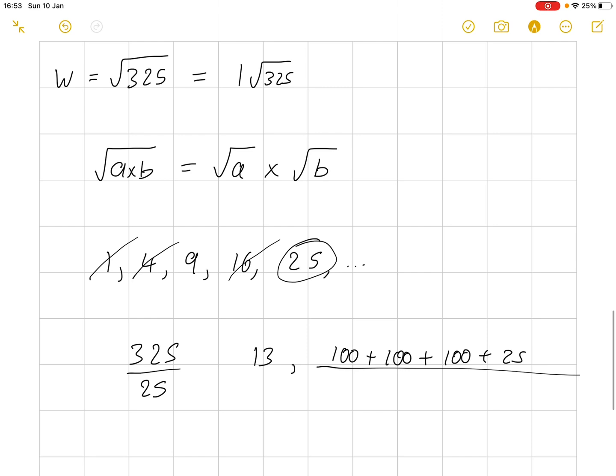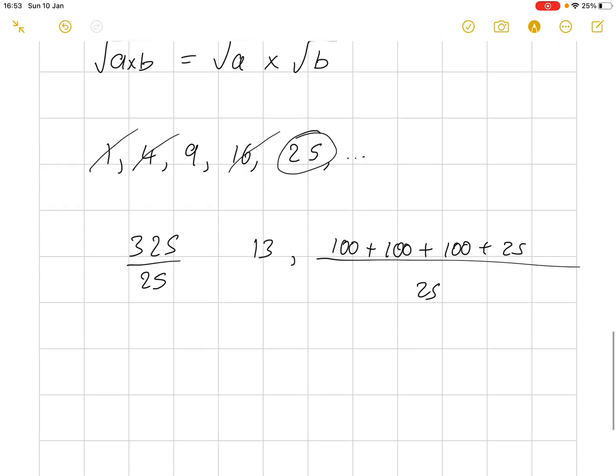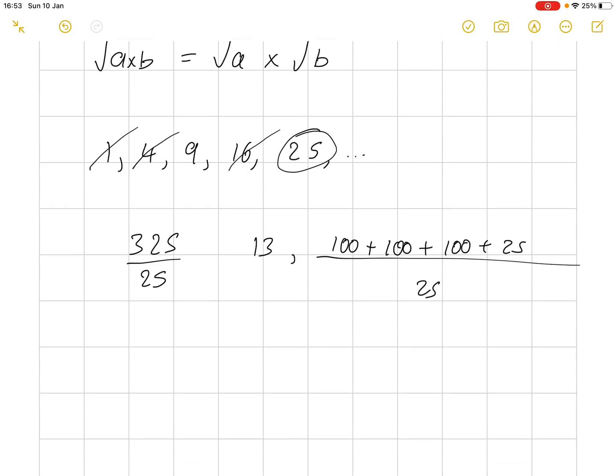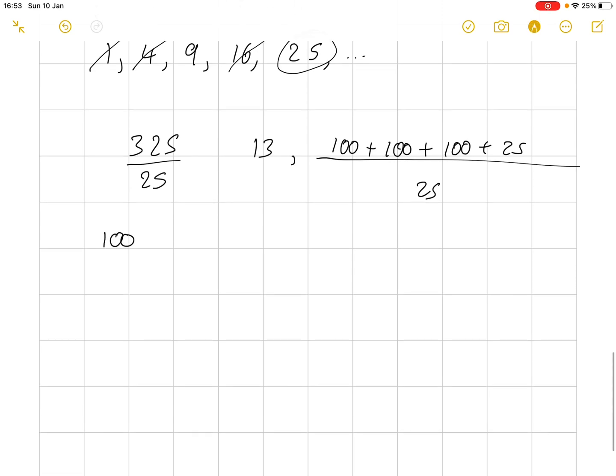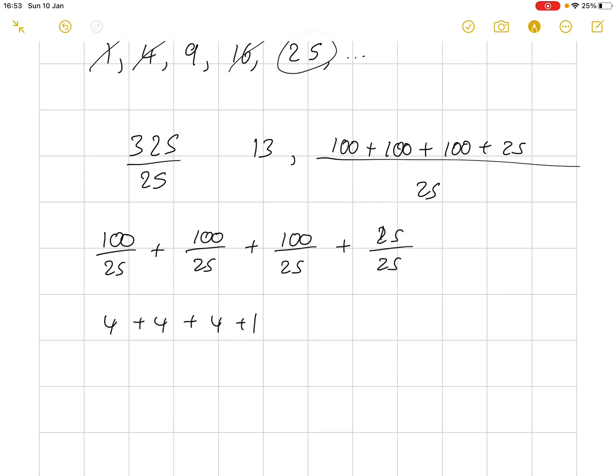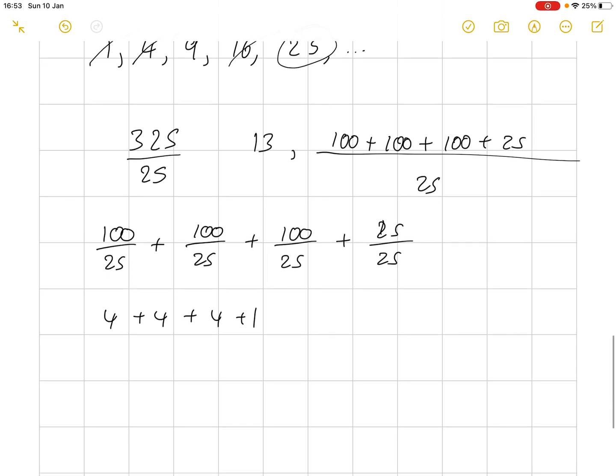And then when we divide all of this by 25, because we have addition on the top in the numerator, we can split these fractions up. 100 over 25 plus 100 over 25 plus 100 over 25 plus 25 over 25. This is 4 plus 4 plus 4 plus 1, and this gives us 13.